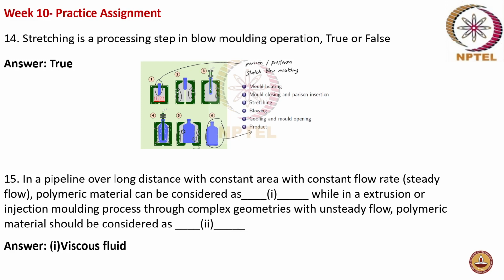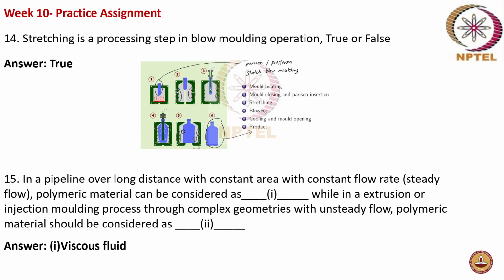So here, obviously, the elastic nature matters. For example, in extrusion you saw the die swell phenomenon, that is because of the elastic nature, correct? The material is trying to come back after it is forced and stretched through the extruder, which is of a smaller dimension.